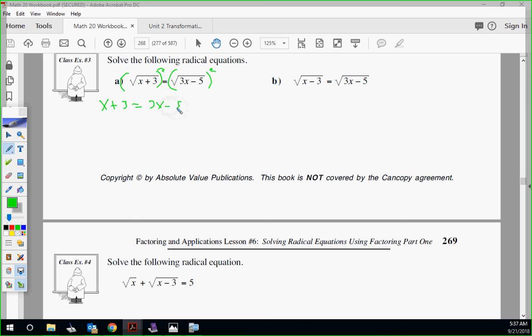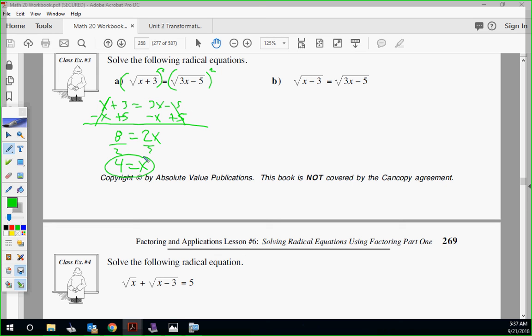And now we're just solving that, back to grade 9. Minus x. I always move the smallest x, but you can move whichever one you'd like. Plus 5. You guys are advanced kids, you can do 2 steps at once. So 3 plus 5 is 8, 3 minus 1 is 2, so 8 equals 2x and x is 4. Now, I circled it, but I still need to verify it to confirm.